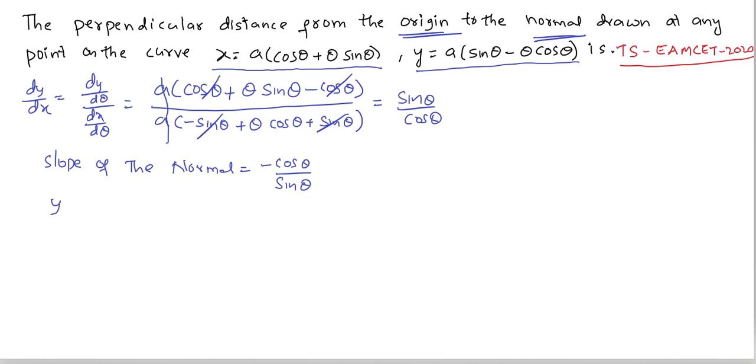Normal equation: y minus y1 is equal to m into x minus x1, where m is the slope of the normal.